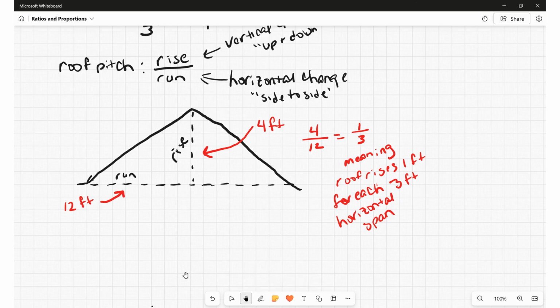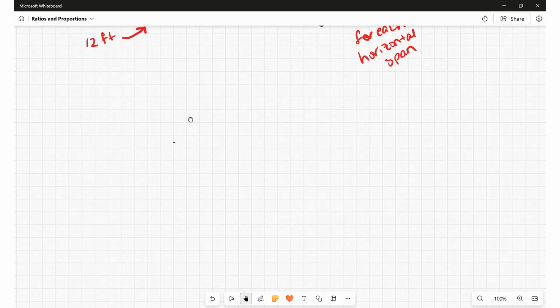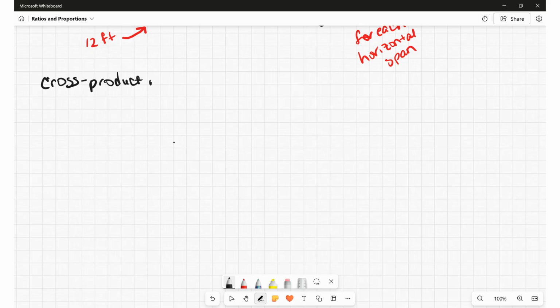So now let's look at solving proportions. So when we solve proportions, we are going to use what is called the cross product rule. Okay.